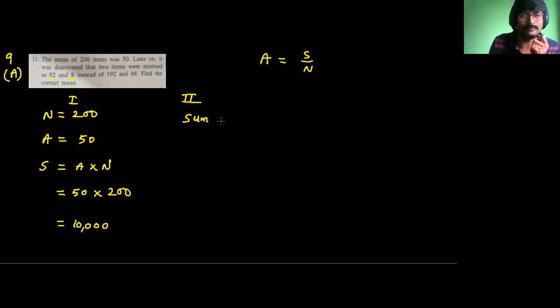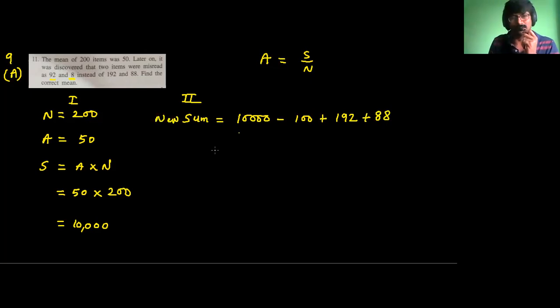In case 2, the sum will become 10,000 minus, we have to remove this 92 and 8 because they were misread, whereas actually they were 192 plus 88. I hope you understood how I calculate this new sum. This new sum calculation one should understand. Then it is a very simple job.